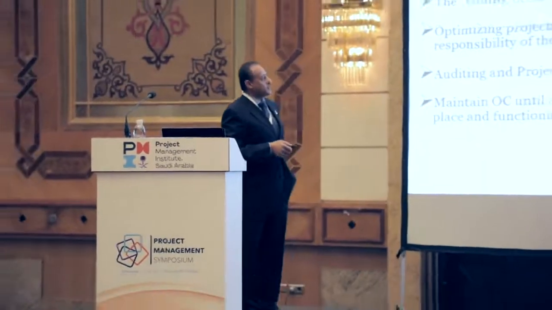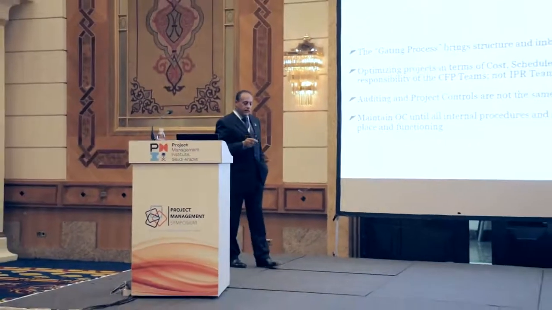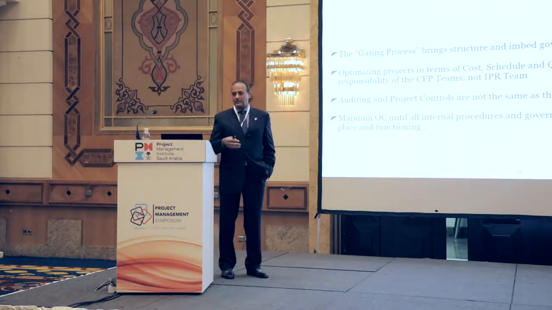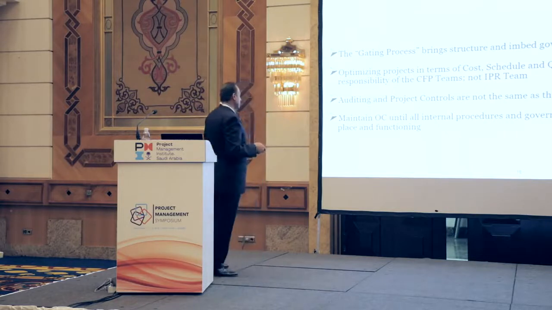Optimizing the project in terms of cost, schedule, and quality is the responsibility of the cross-functional project team. A lot of project teams think that the independent review team or the cold eye review team will catch these unoptimized areas and optimize them. In fact, if they catch them before the gate, that's too late. You're delaying the project because you have to fix it.